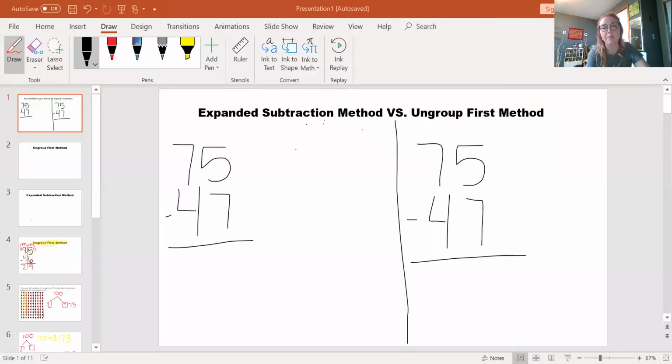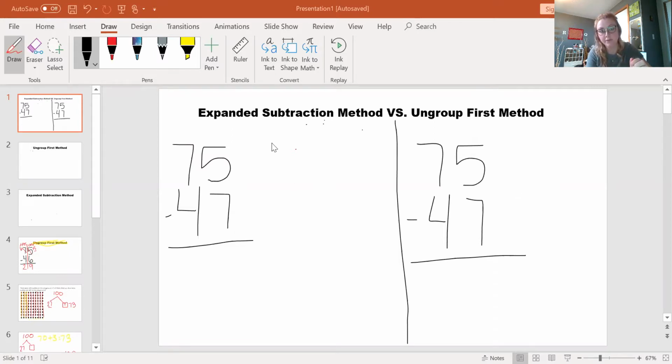So here's my screen. We have the expanded subtraction method, and we're going to do that over here. And then we have the ungroup first method. So we kind of want to discuss why we do these, and just discuss these two ways to subtract.